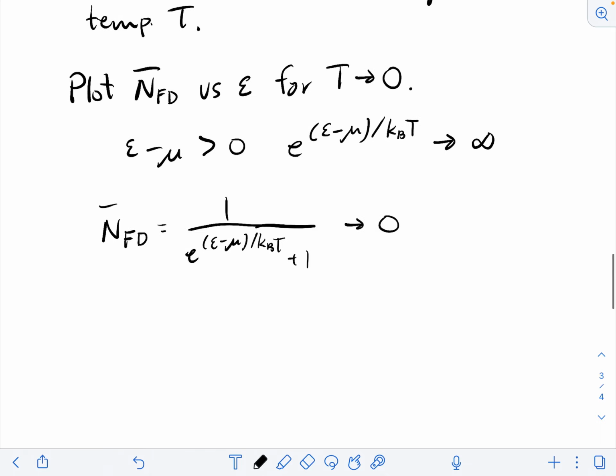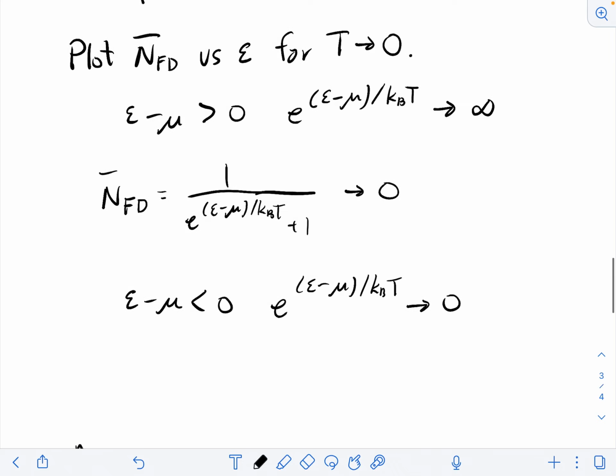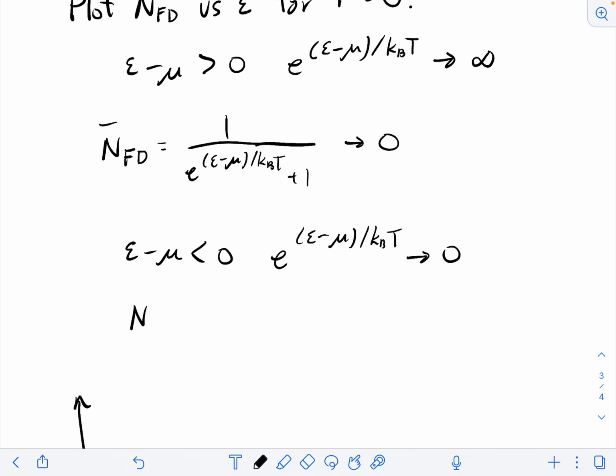Okay, so the other case is, of course, epsilon minus mu is negative. Then if we have e to the epsilon minus mu over kBT, if T goes to 0, we have e to the large negative number, and this exponential goes to 0. The Fermi-Dirac distribution is 1 over the exponential, which goes to 0, so it vanishes, plus 1.